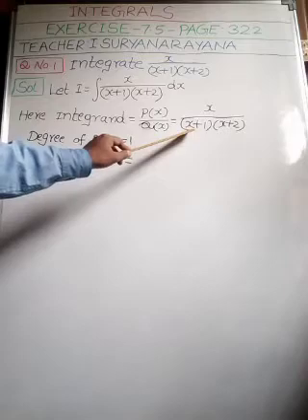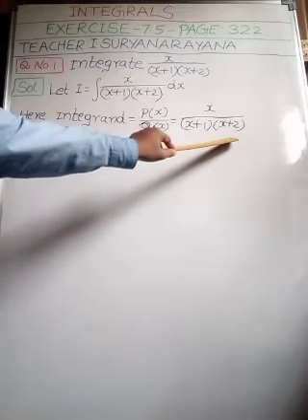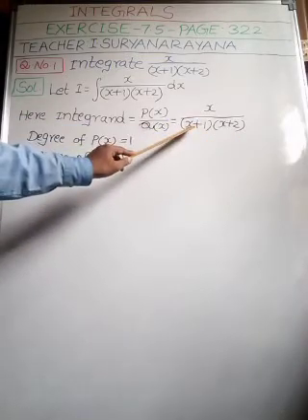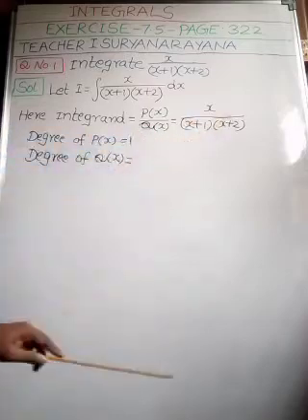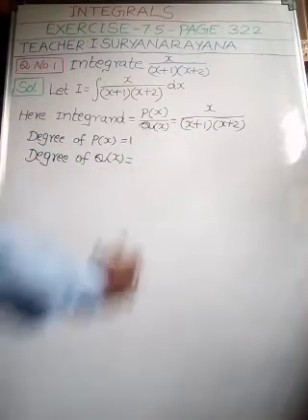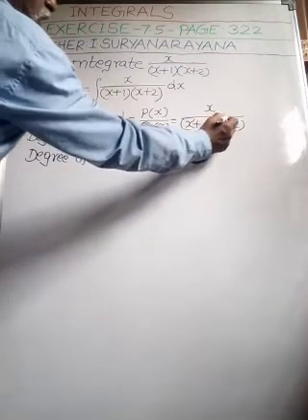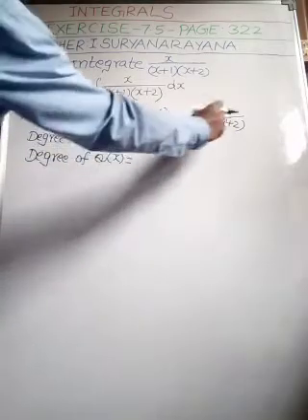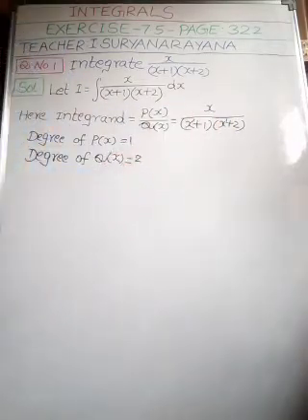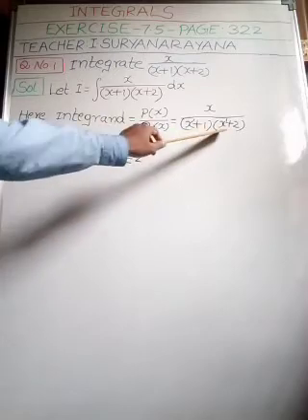So the degree of this denominator can be found by adding the exponents of x. What is the exponent of x here? 1. So 1 plus 1, that is 2. Understood this step, my children, how to find the degree of a polynomial which is given in this form?